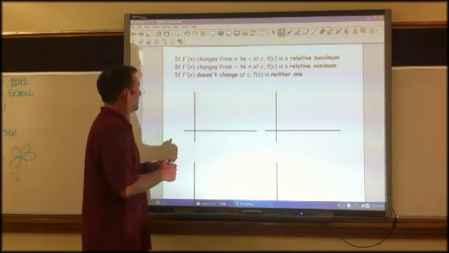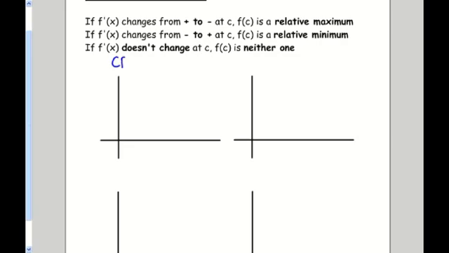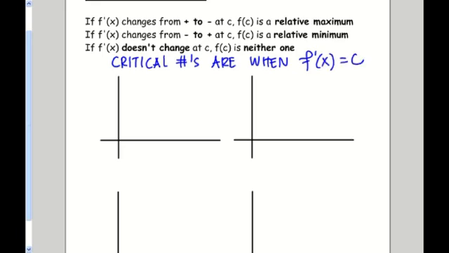So remember from what we talked about before, we said that critical numbers happen when the derivative is equal to 0, right?